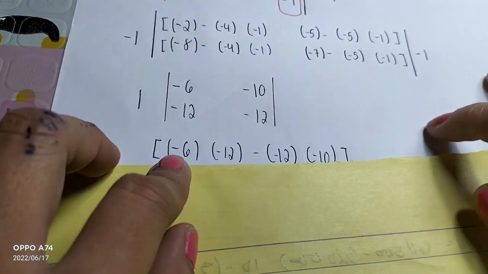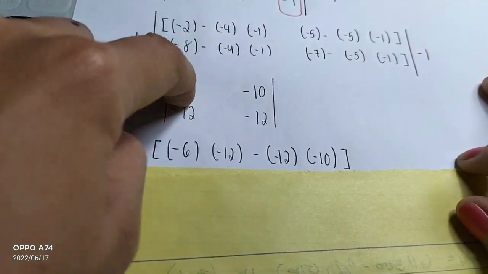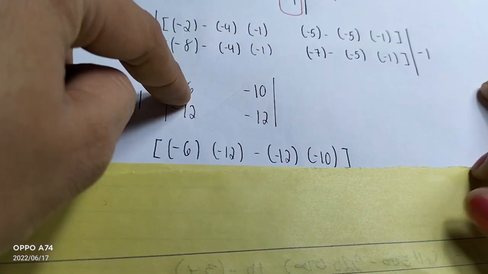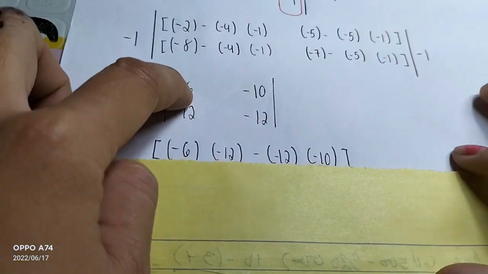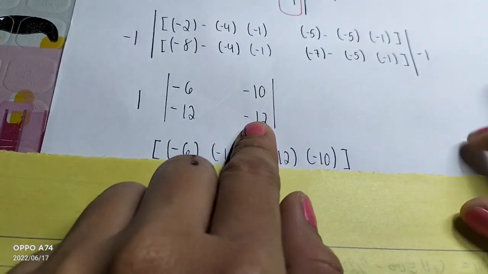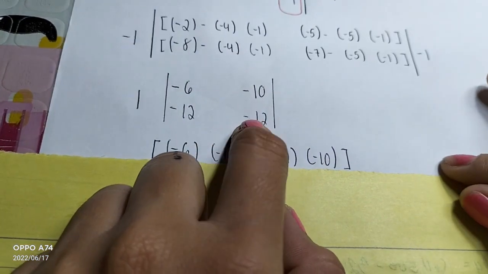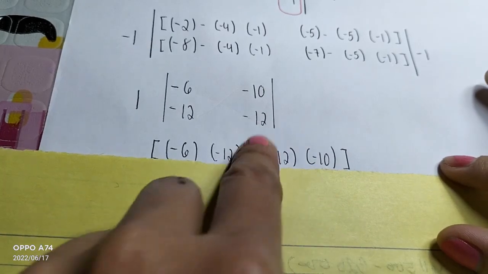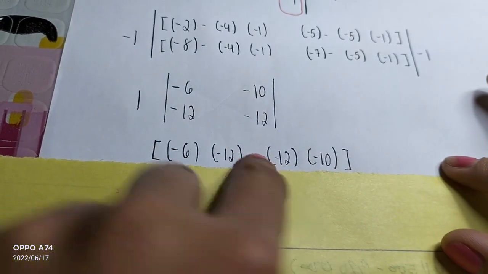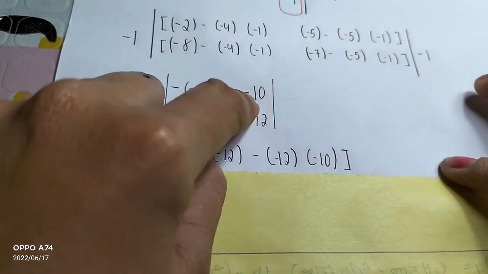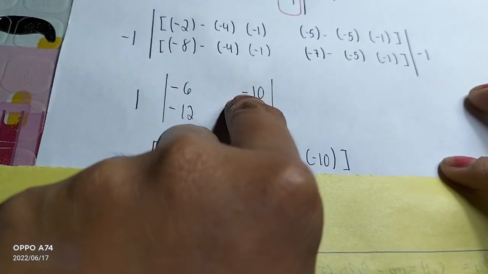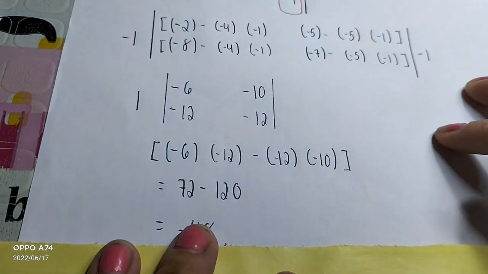And quantity of negative 6 multiplied by quantity of negative 12. So yan, minus quantity of negative 12 multiplied by quantity of negative 10.